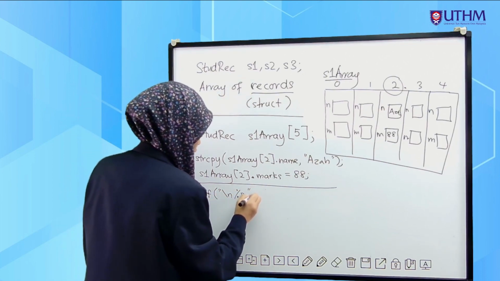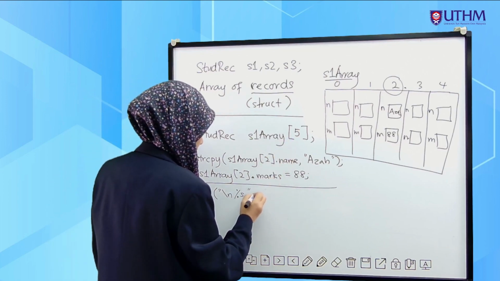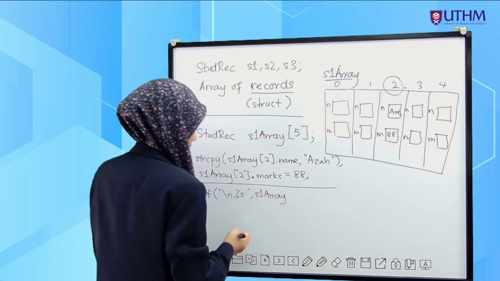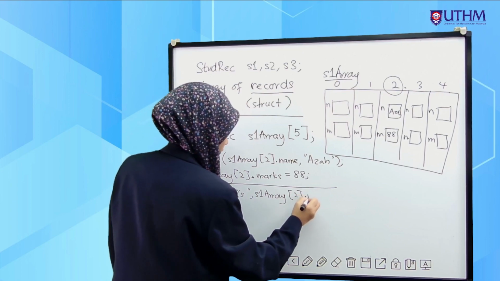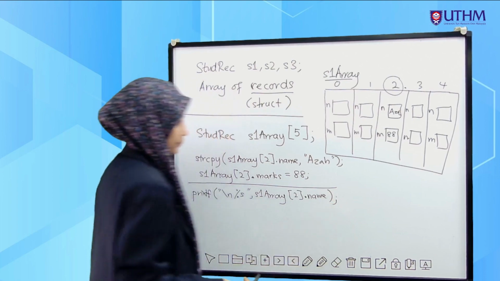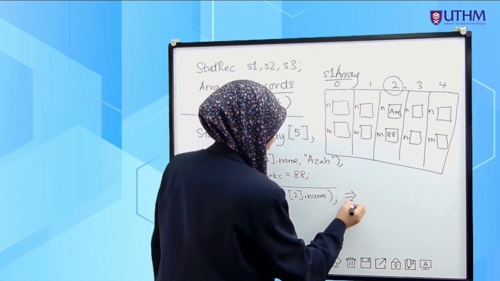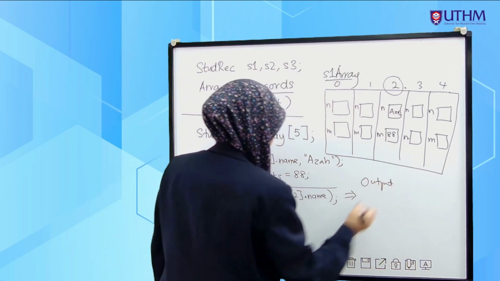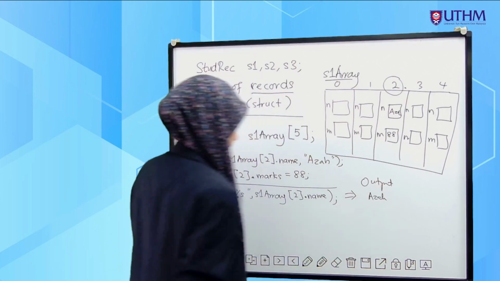Close, comma. The value is currently in S1 array at index 2 and from the field member name. So in this case, you will see the output on a new line, that is Azah.